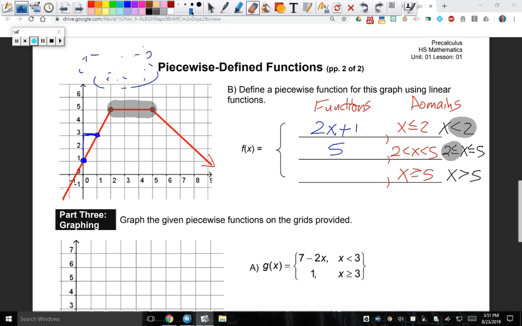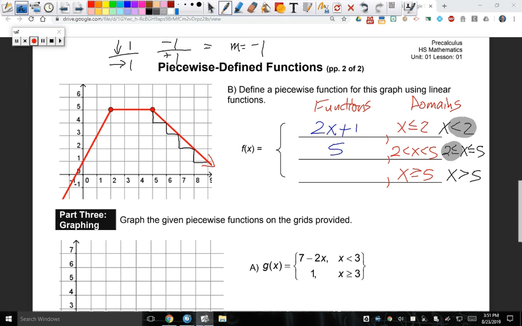So we learned it back in Algebra 1. Let me quickly review on how to get it. I see a rise over run, down 1 over 1. Down 1 over 1 to the right. That's why it's negative. So slope is negative 1. You with me? Now, this will go all the way to 10.